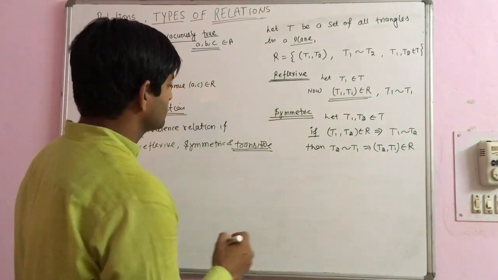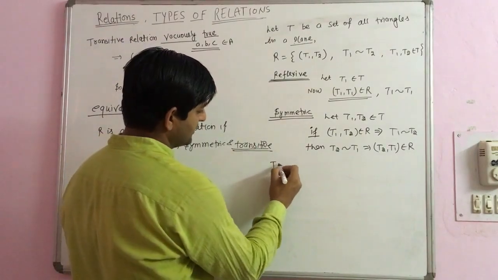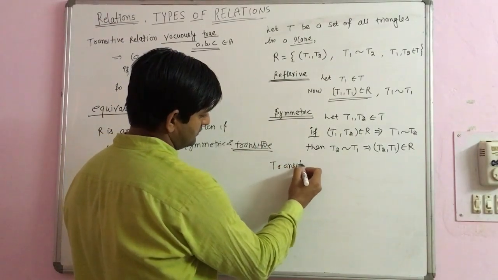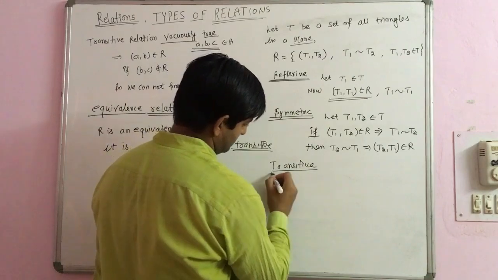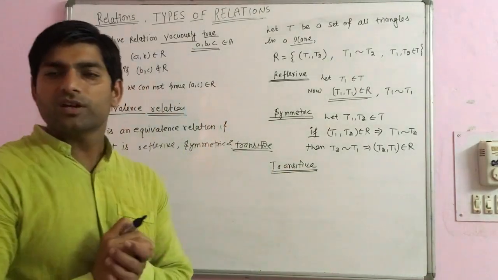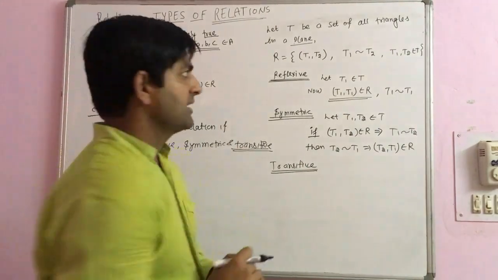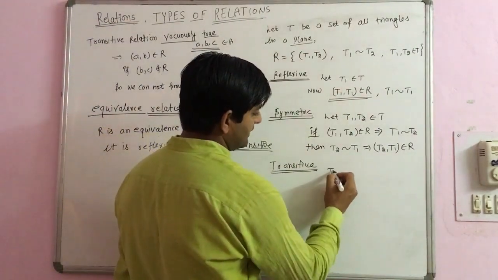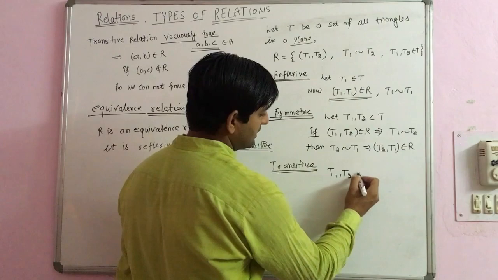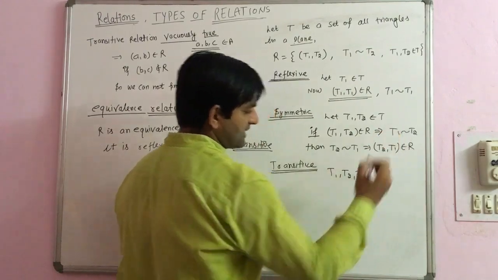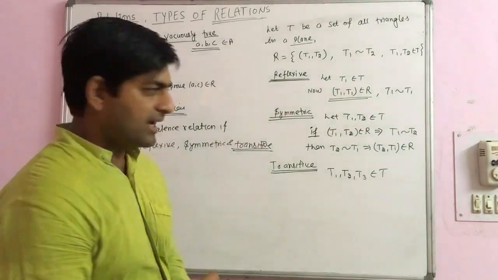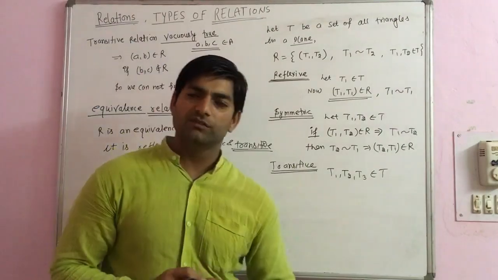Right? Now, for transitive, we need to take three elements from that set, and the set is the set of triangles. So we will take T1, T2, T3, three triangles from that set. And what is the condition for transitive relation?